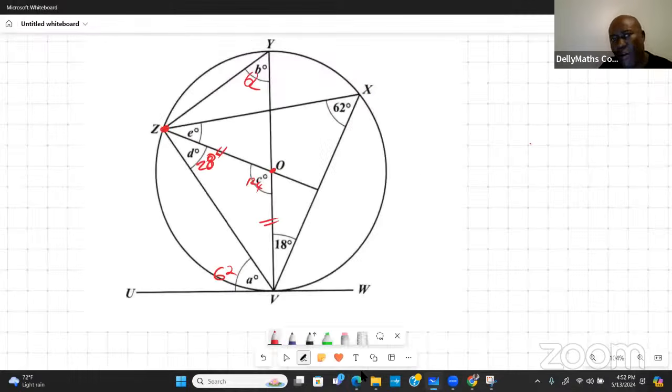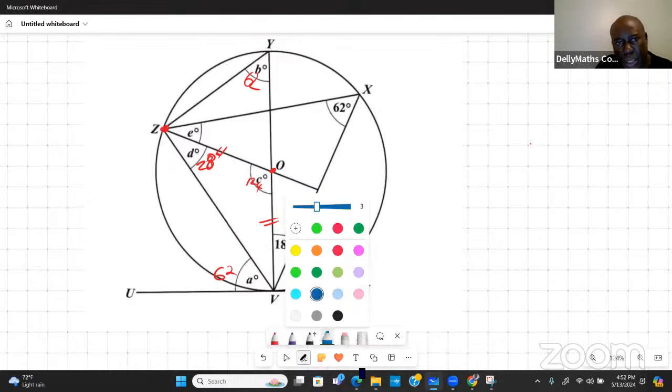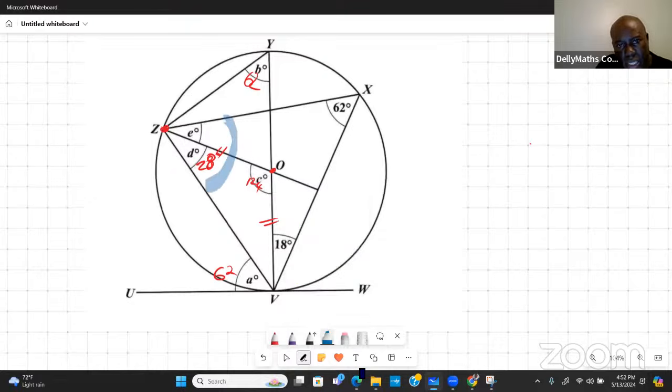E. All right, so I want us to find E. We can do a number of things to find E. Take a look, I'm going to highlight an idea here. This angle is equal to this angle. And that's called the alternate segment theorem again.